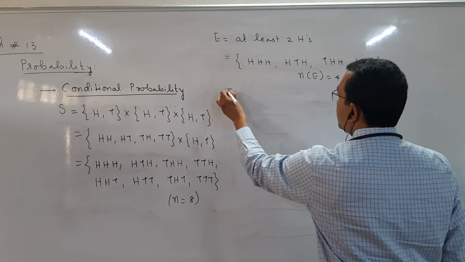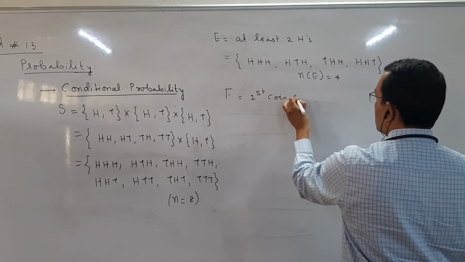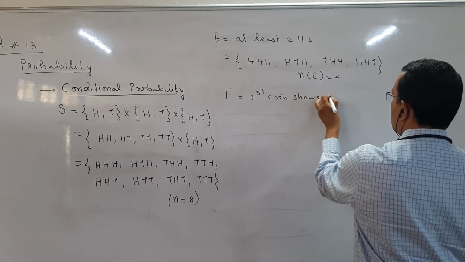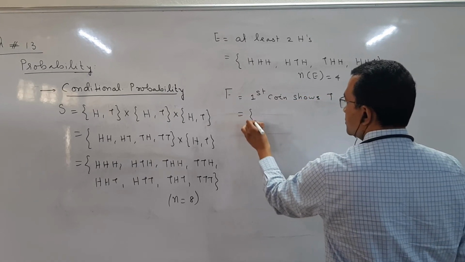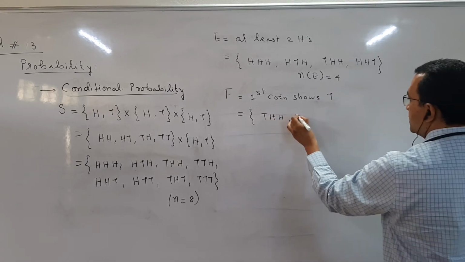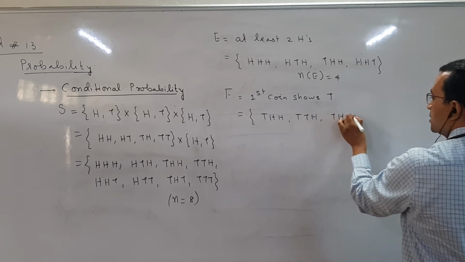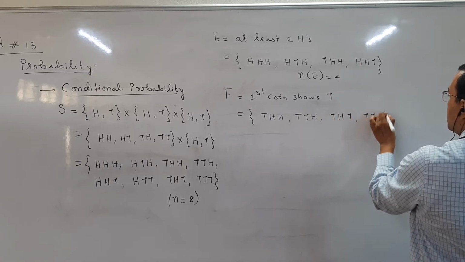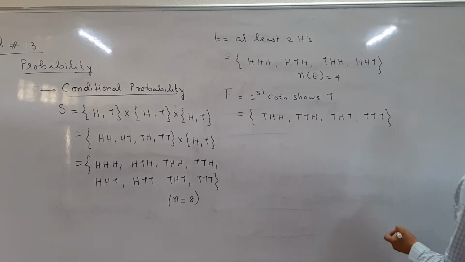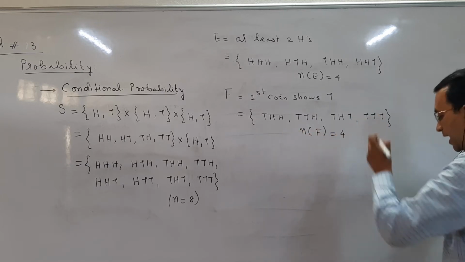Event F, first coin shows tail. So all the elements starting with T: TTT, TTH, THT, and THH. Here also favorable outcomes of event F are 4.